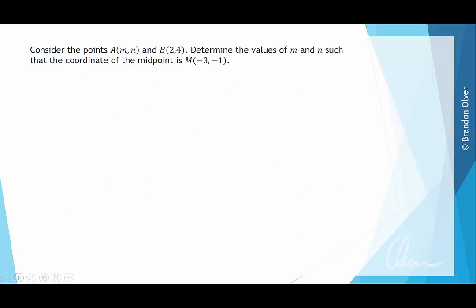Next we want to consider the point A, which is (m, n), and B, which is (2, 4). Determine the values of m and n such that the coordinate of the midpoint is (-3, -1). So we know the coordinates of the midpoint, M, is equal to (x1 plus x2 divided by 2, y1 plus y2 divided by 2).